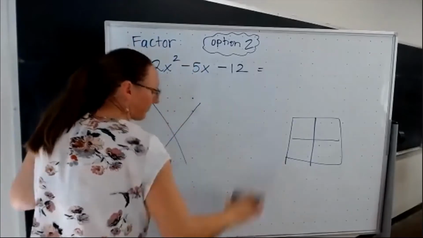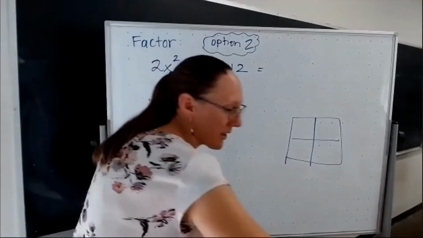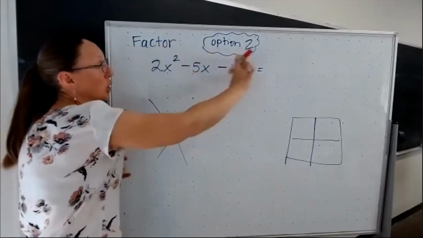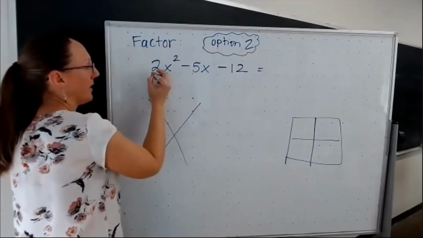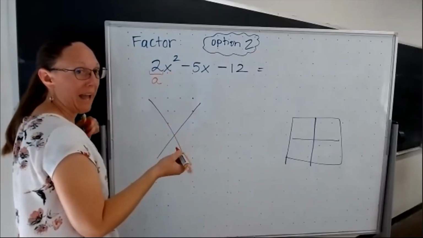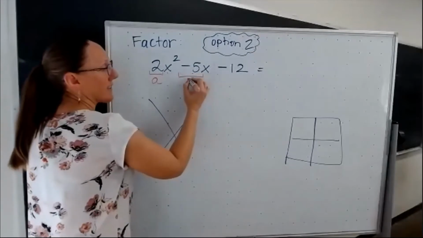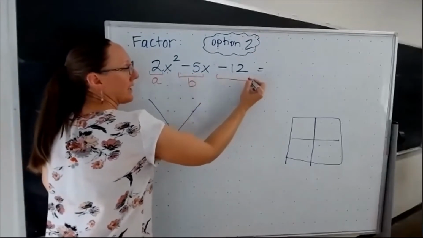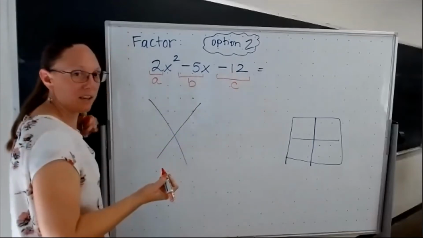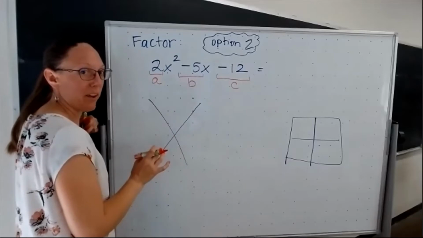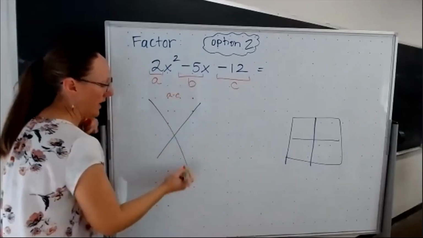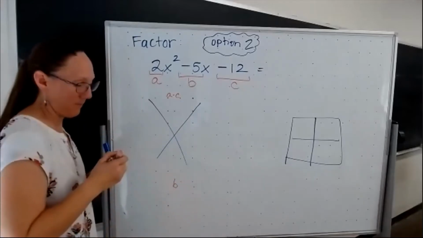I'm sure that somewhere along the line, you all have seen the quadratic formula. So if I were to look at this quadratic, we label the coefficient on the x squared term A, the coefficient on the x term B, and the constant that's being added or subtracted at the back as C. So when we do this X box method, what goes up top is I would write A times C, and on the bottom, I would put the B term.